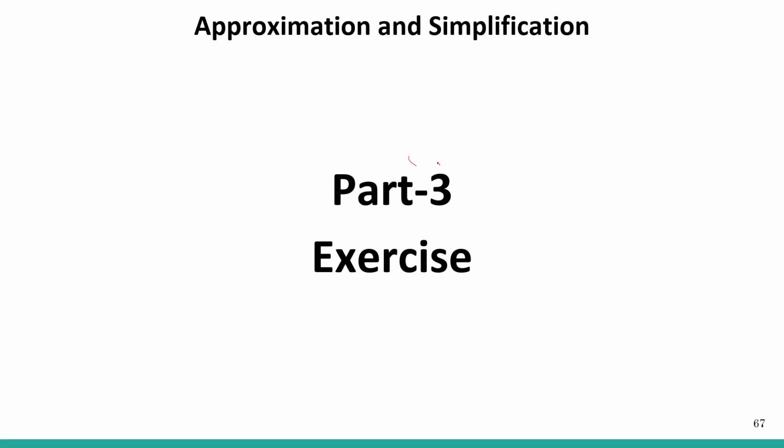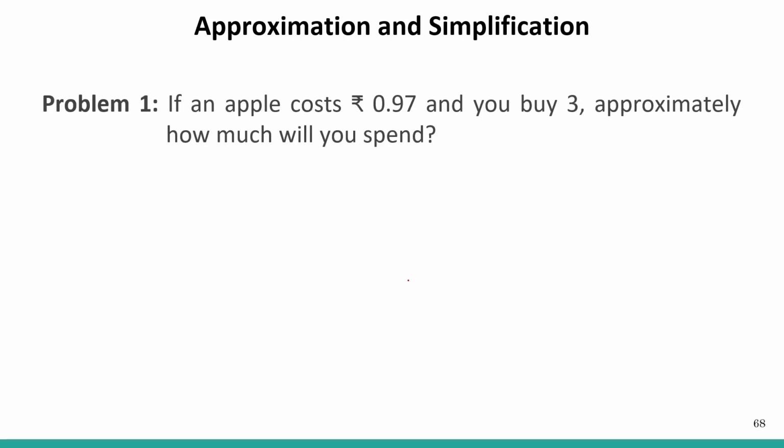So this will be the third lecture in the lecture series on approximation and simplification, and we'll be covering more exercise problems. So let's start with problem number 1. If an apple costs 0.97 rupees, and you buy 3 apples, then approximately how much will you spend?